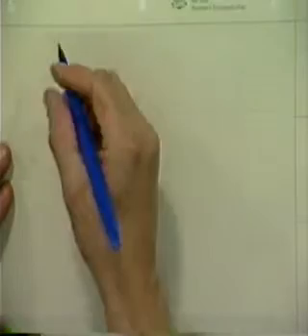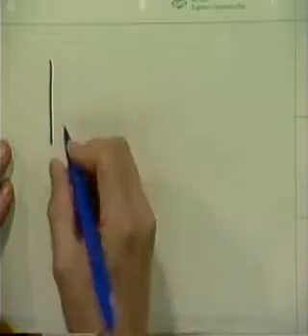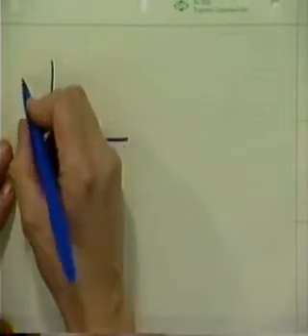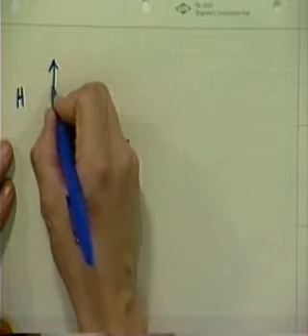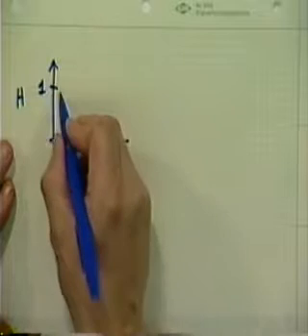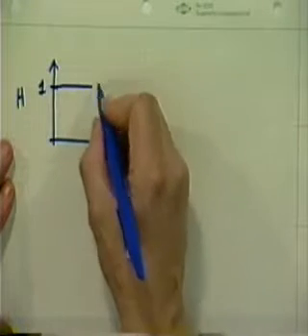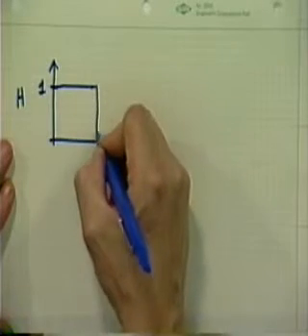What we have is that the coherent transfer function here is 1 until we get to the cutoff frequency, and then it goes to 0.